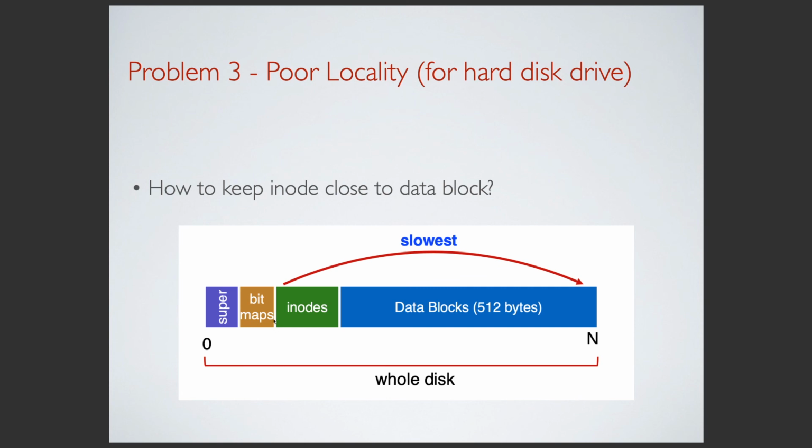And at some point, when you read a file, for example, you read the inode and then you jump to a data block. When you write, you write first the bitmap, then you write the inode, maybe, but most of the time you update the inode, and then you write the data block.